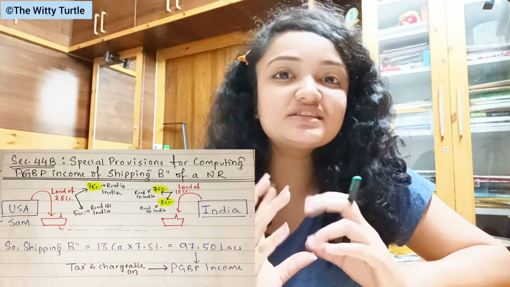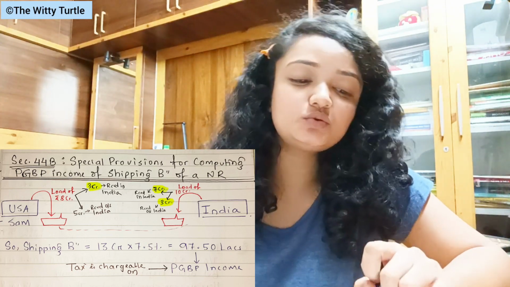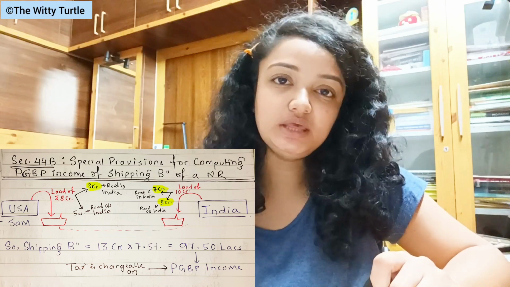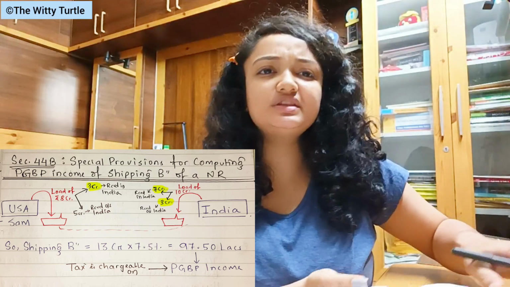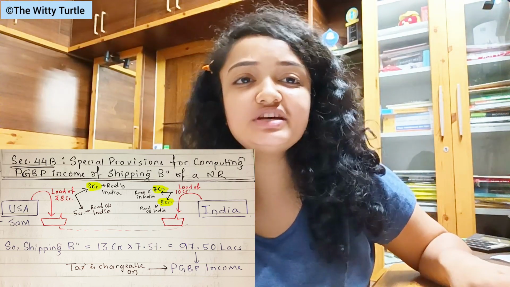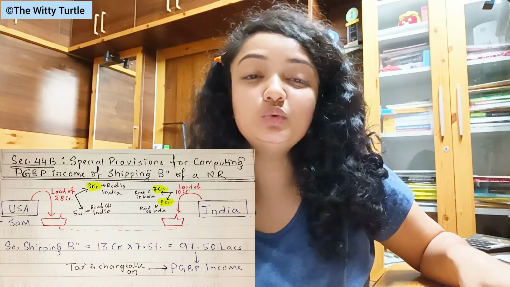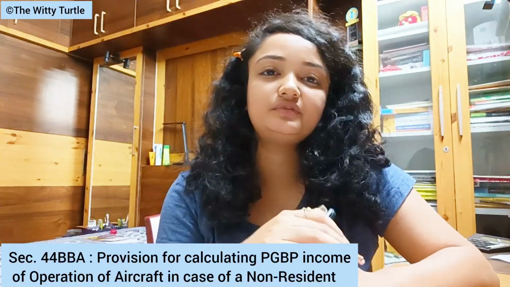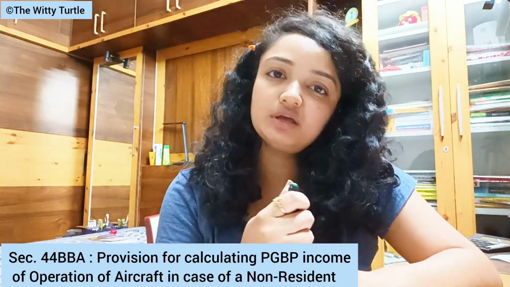There is a very similar section to this, which is your section 44BBA, right? So in this section what happens? The provisions are very similar. The only difference is that in case of section 44B, we are considering the shipping business, and in case of section 44BBA, we are considering the operation of aircraft, or you can say the aircraft business, right?